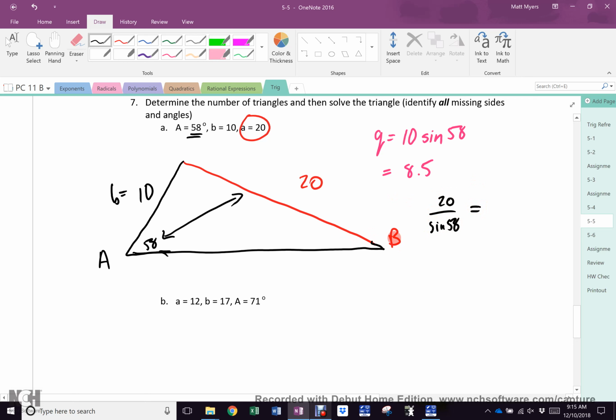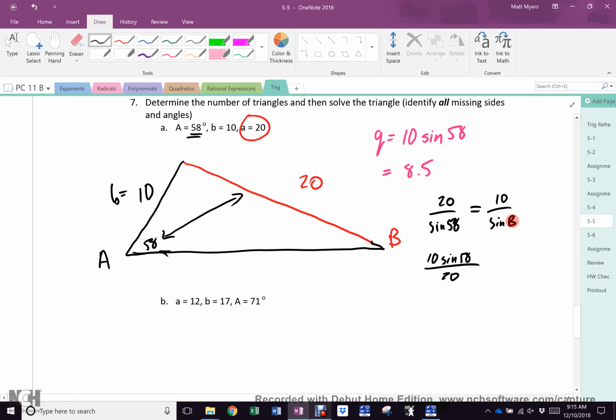So what then is this guy? That's B, right? But we know this, don't we? So isn't this 10 over sine B? Can we solve that? How? What's the answer? Don't give me the answer. What's the work that we would do? 10 sine 58 divided by what? 20.